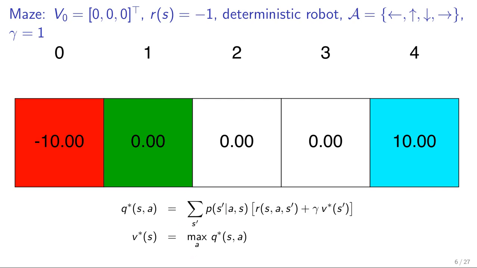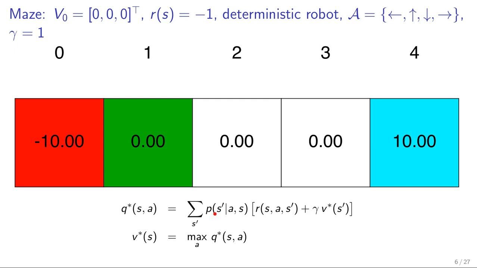What does that mean? It means you do this update here. This is written in terms of the Q value. This is written in terms of the value, so you're maxing over this. Q value means you're not maxing because the action is fixed. Value means there is this additional step of maxing over the actions. There is also this probability, but that is used only when the world is stochastic, or when the outcomes of the actions are uncertain.